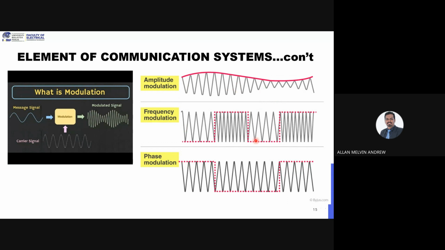For frequency, the frequency of the wave is expanding or shrinking. You can attach your message signal together with this carrier signal, and you can have phase modulation. It can be a 180 degrees change of phase, so you can attach your message signal in between as well. We will look at it in a clearer view in chapter 2 and chapter 3.